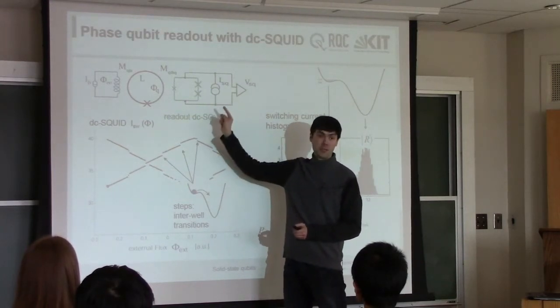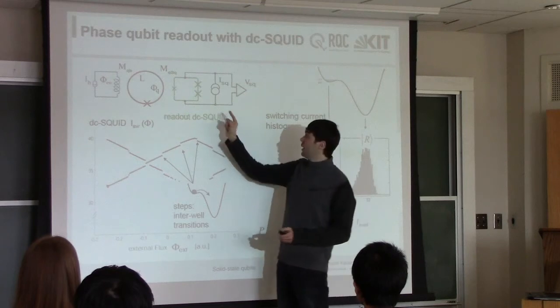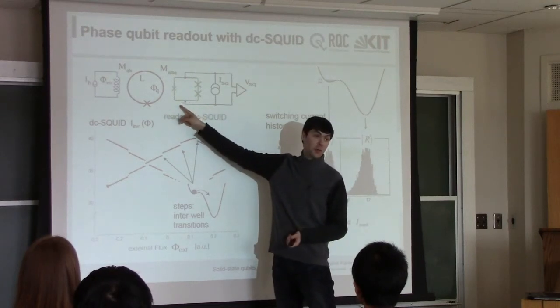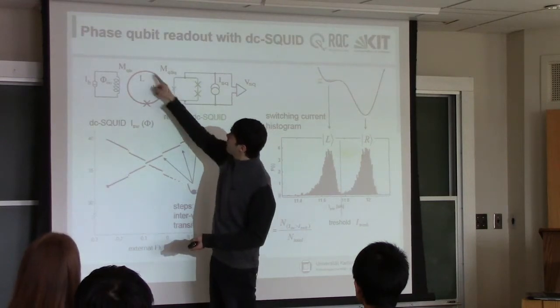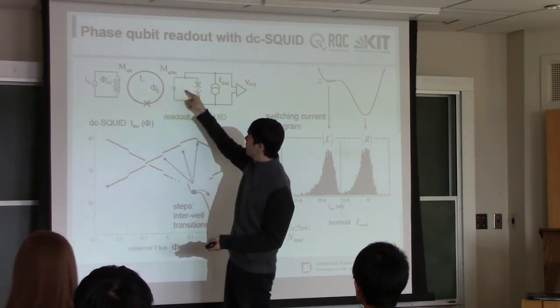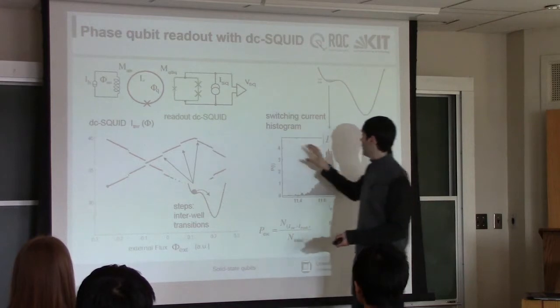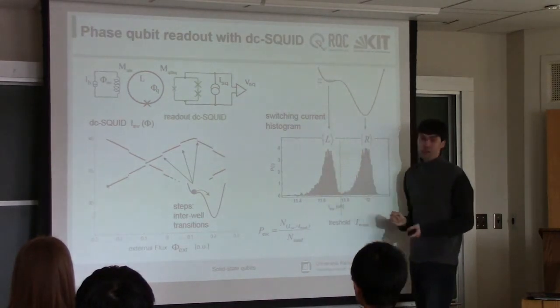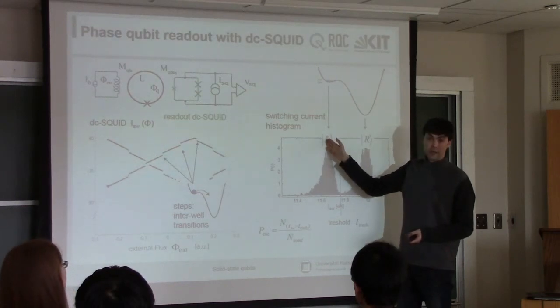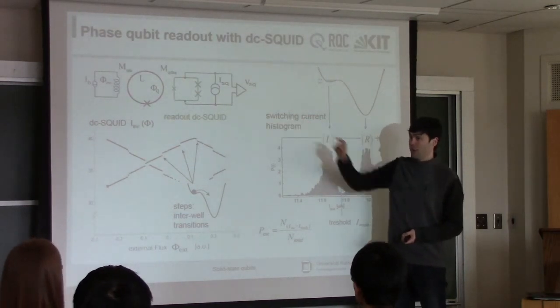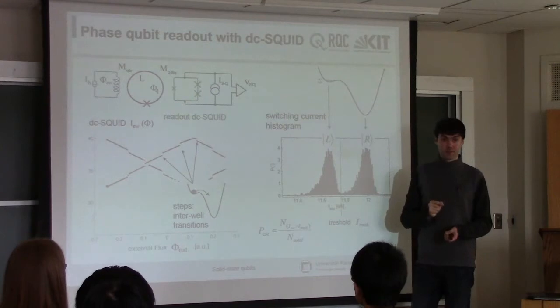measure where it switches into the voltage state. So they measure the supercurrent of this SQUID. And because it is dependent on the flux in this loop, and the little flux is created by this loop that it's coupled to, there are two very distinct switching points, which correspond to left circulating current in the red loop over there, and the right circulating current.